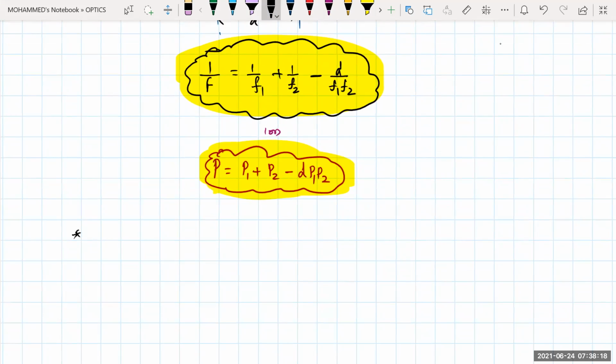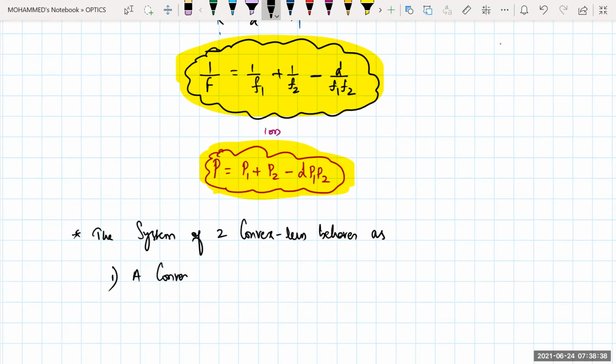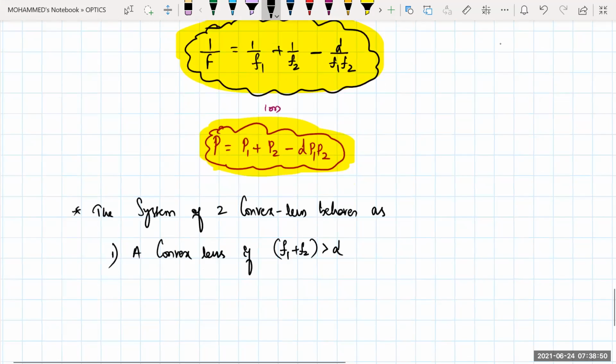Let's note this down. A system of two convex lenses behaves as, number one, a convex lens if f1 plus f2 is greater than d.